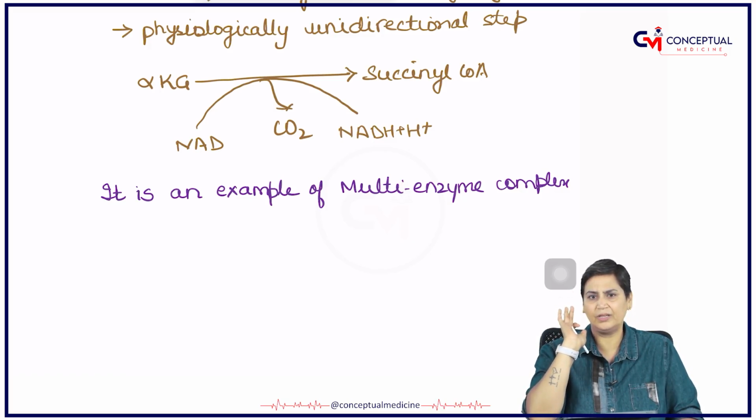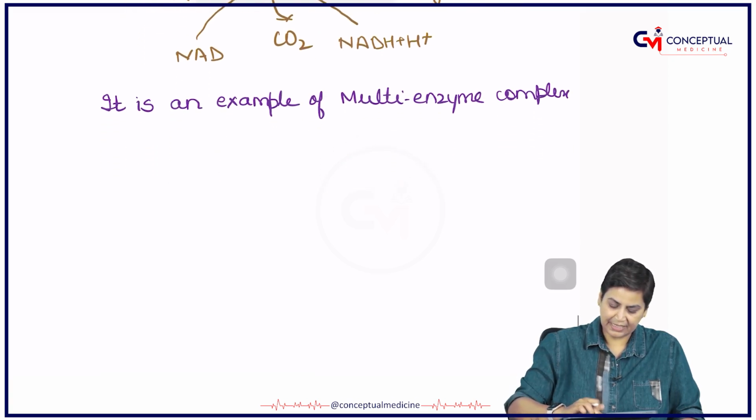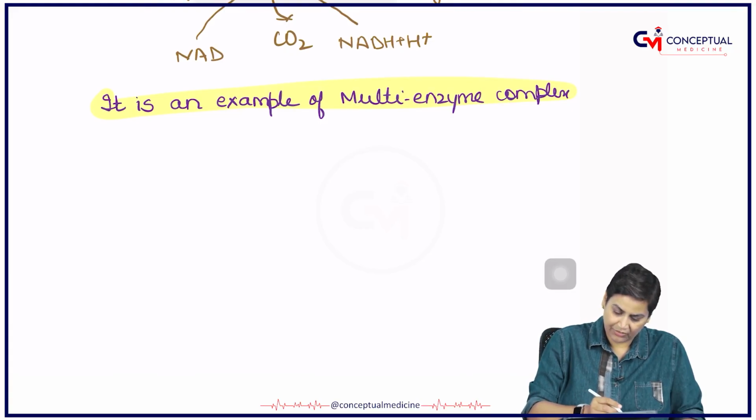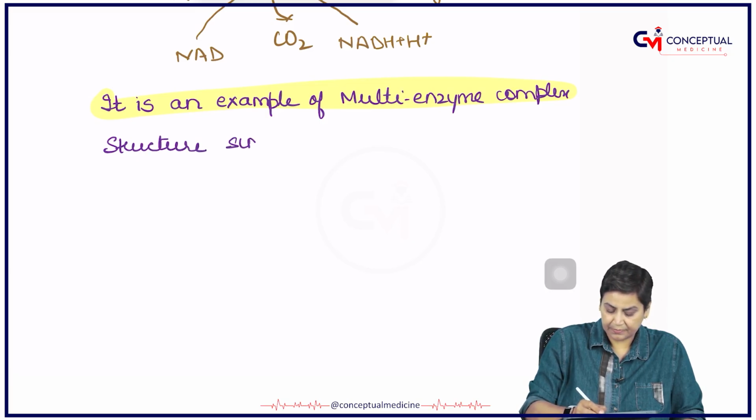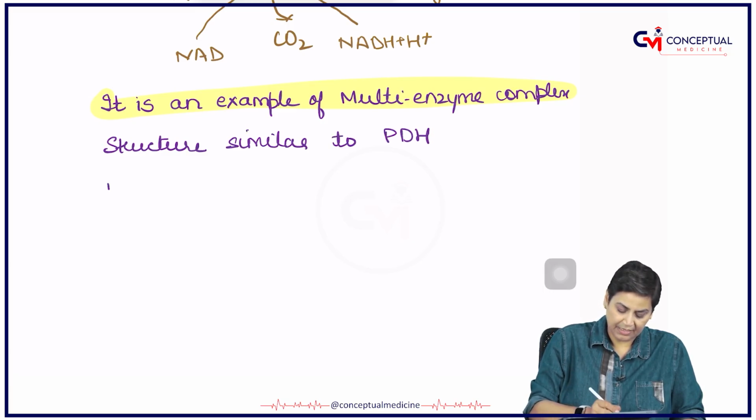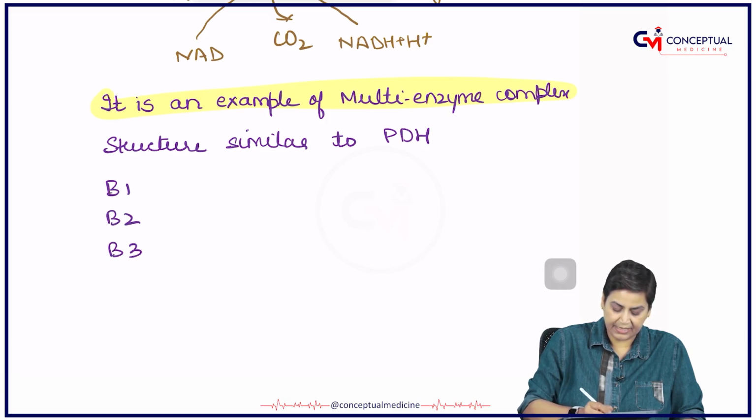Very important point, right? So, I can simply say that first of all, it is an example of multi-enzyme complex, and the most important, I would write it also here, structure similar to PDH. Same, like B1 is there, B2 is there, B3 is there, B5 is there, and lipoic acid is there.